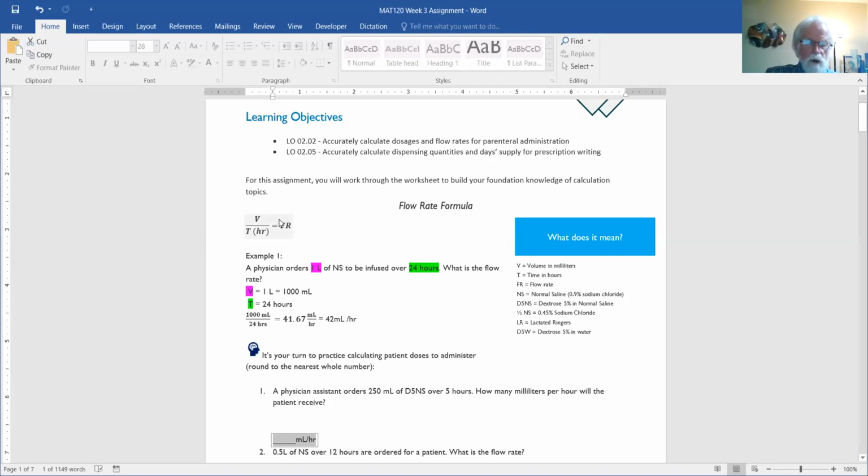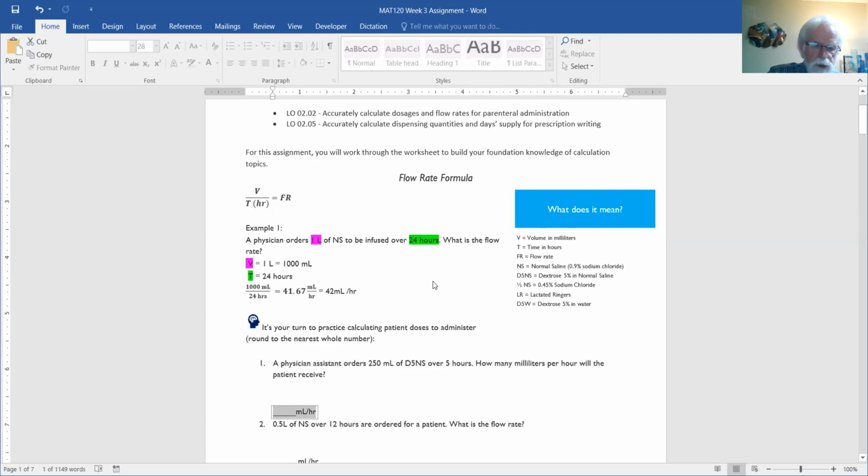So the important thing to remember when you're looking at a flow rate is the only thing you need to know is the volume and the time. It doesn't matter if there's all sorts of other information in there about the drug that's being used, the concentration of the drug being used. If you have the volume that has to go in and the time over which it has to go in, then that's the only thing that counts.